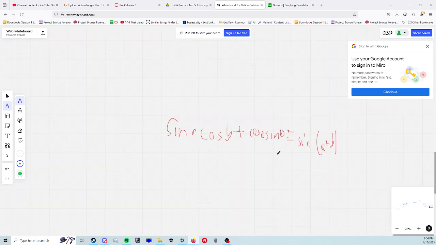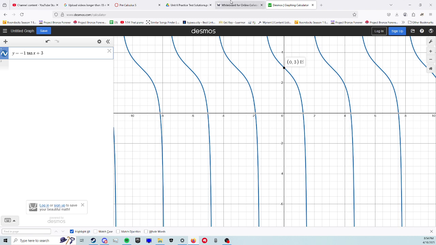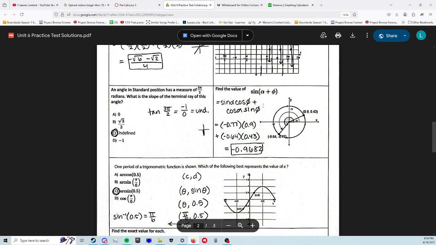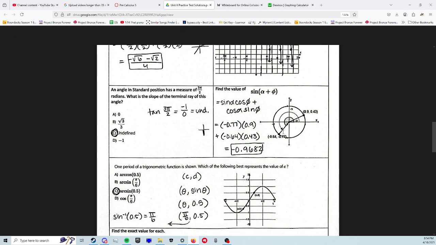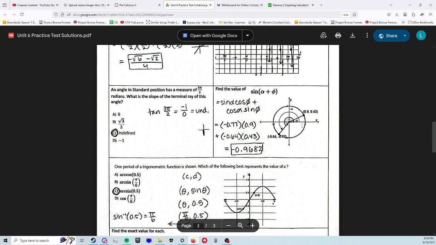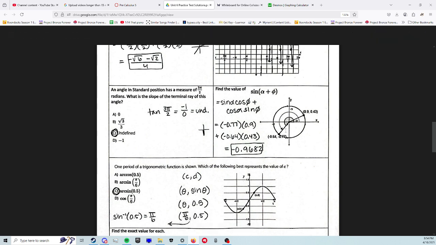And now that we have this, we plug in, and what it should end up as is sine A, which is the y value of A. We determined the first one was A, the second one is B. Negative 0.77 times 0.9, because this is cosine of B, which is the x value.